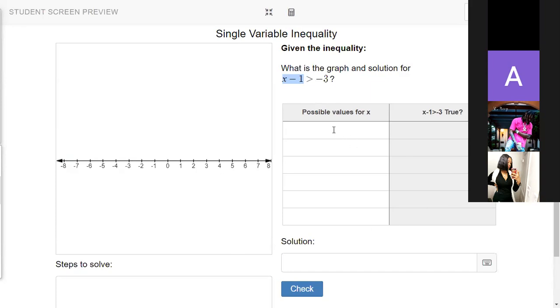If I have a number, I can subtract 1 from it, it's still greater than -3. X minus 1 greater than -3.